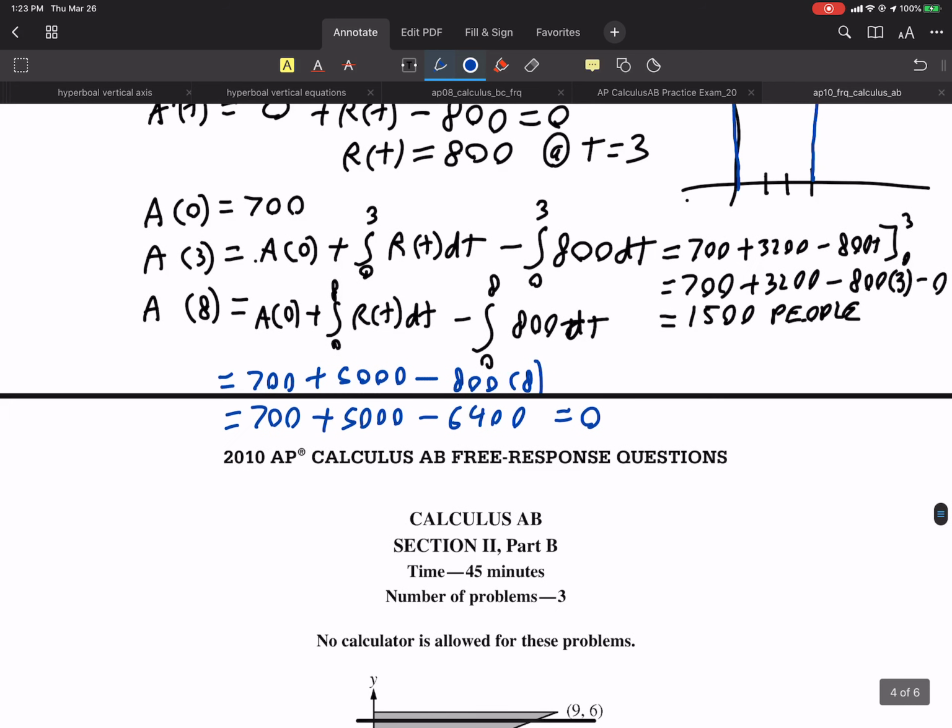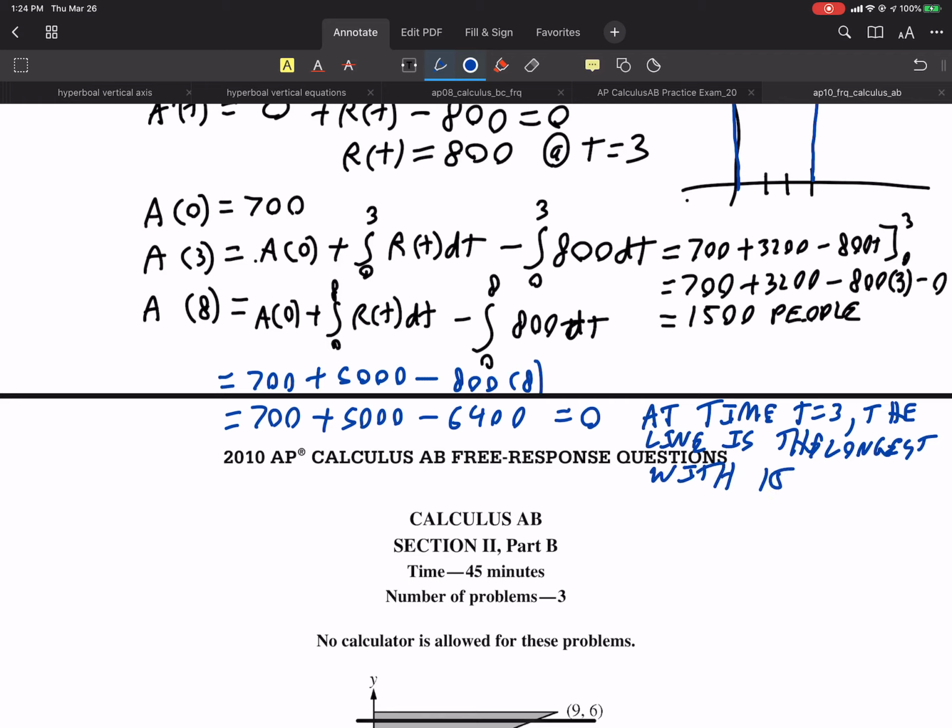So I would say at time t equals 3, the line is the longest with 1,500 people. All right, so that is that.